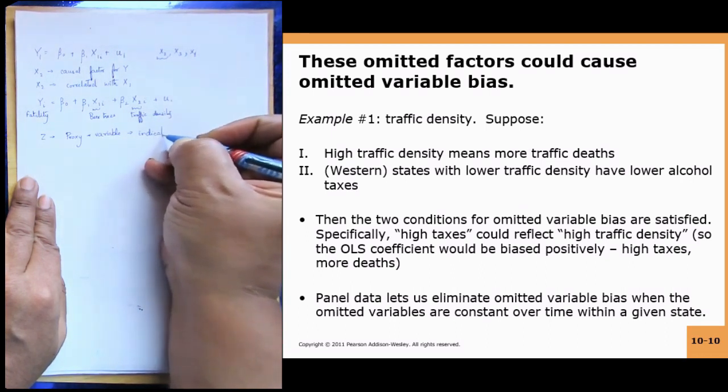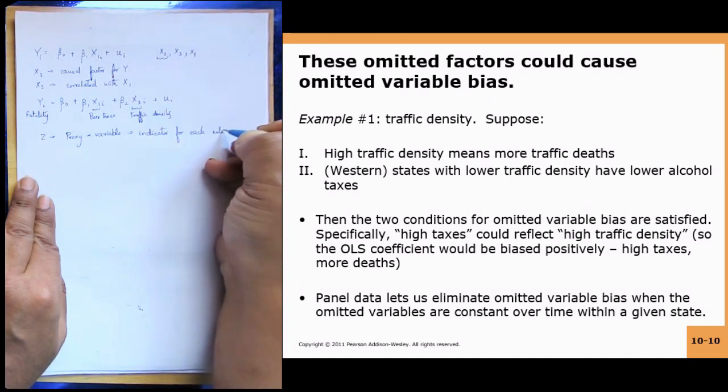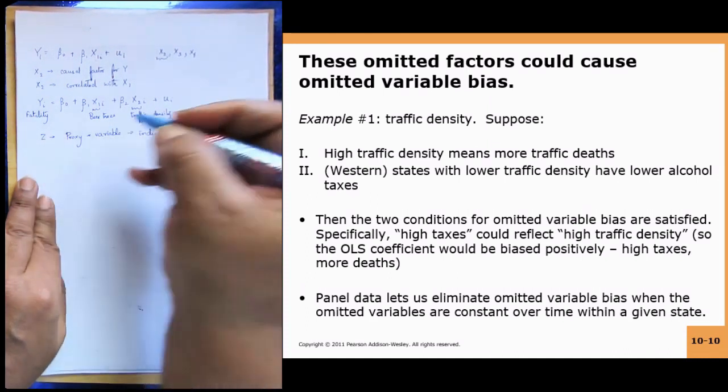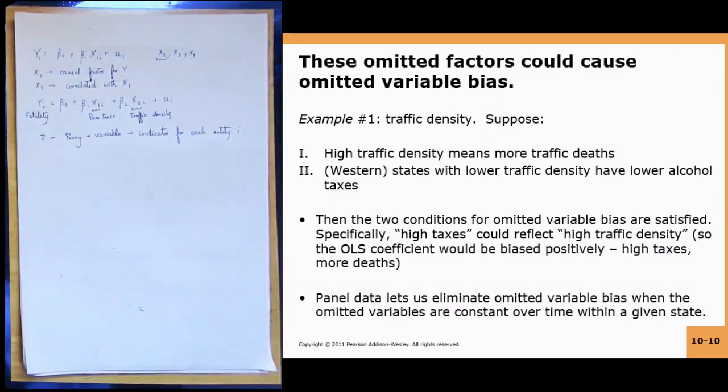Each entity, each state in the United States, differs from the others in certain ways, and these differences don't change over time. Traffic density in certain states may be always high compared to certain other states. There may be small changes, but the average traffic density in a particular state may not change much over time. Similarly, the culture about drinking and driving may not change over time.